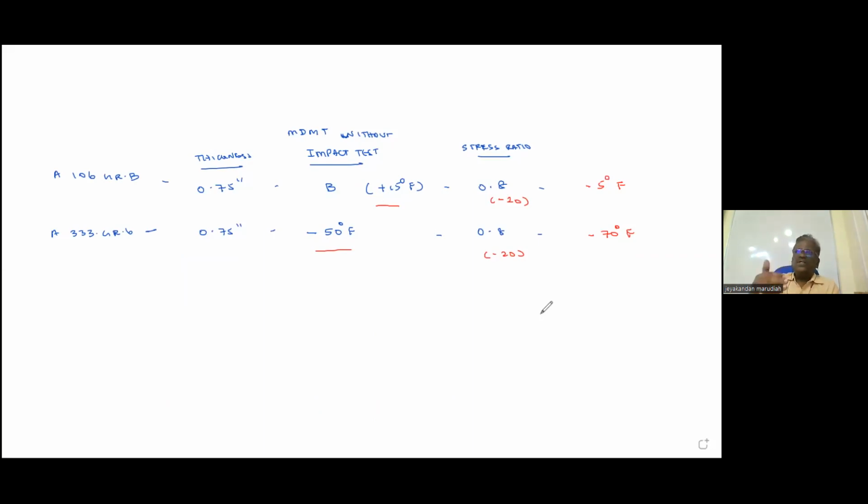So I compared how to interpret it when the curve is there, and how to interpret it without a curve. This is MDMT without impact. I will write the question.